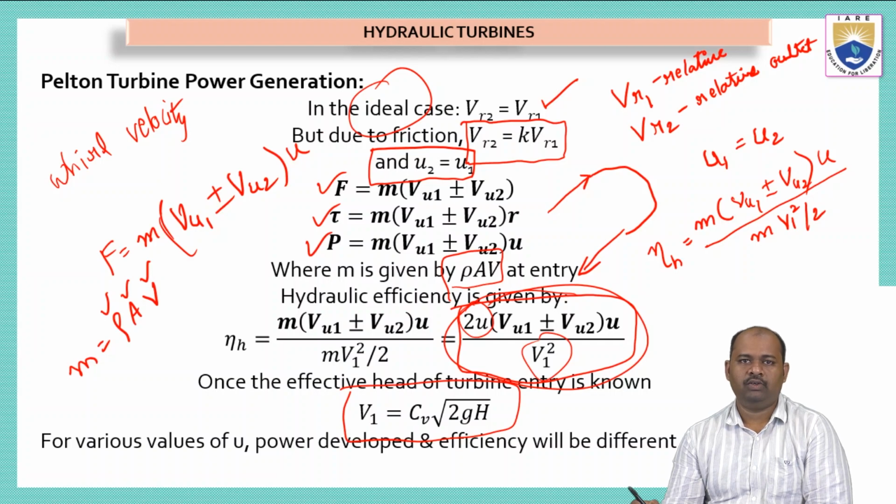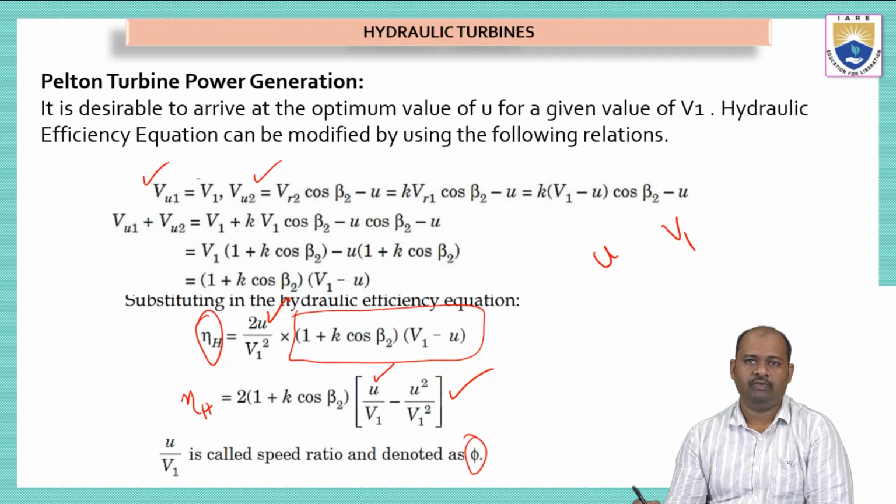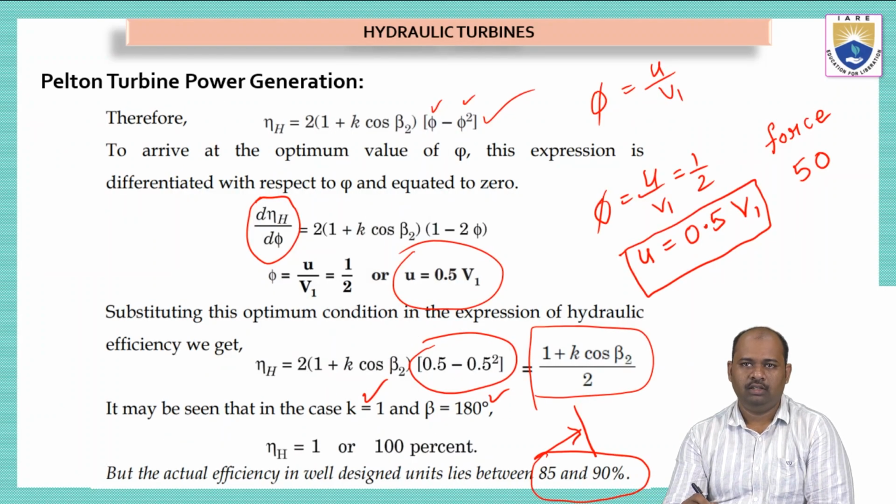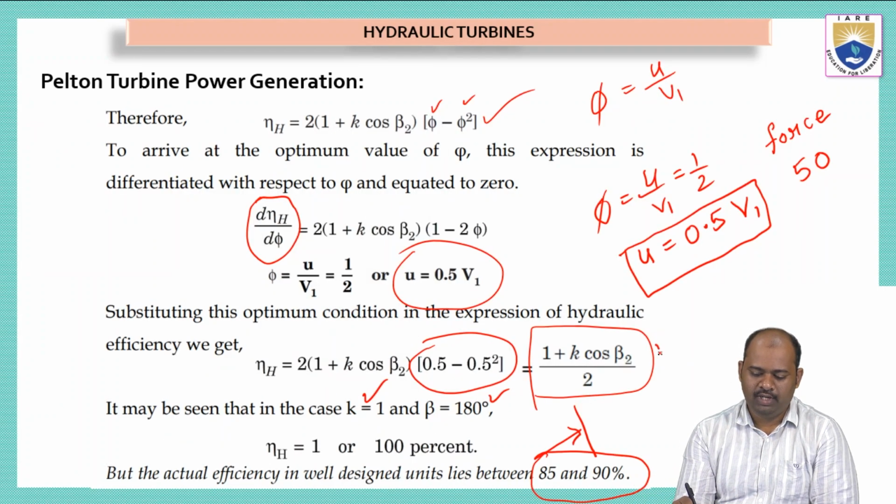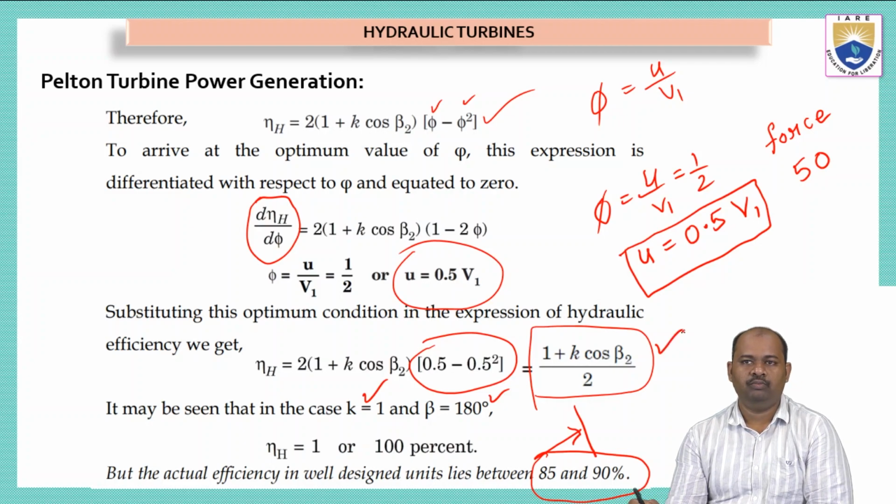And also we calculated the hydraulic efficiency, where we got a simplified equation, 1 plus K cos beta 2 by 2. Here, in ideal condition, beta is taken as 180 degrees and K value is taken as 1. So this is the constant of the runner. In ideal condition, we will get 100% efficiency. But in practical condition, the efficiency of the hydraulic turbine stays between 85% to 90%.